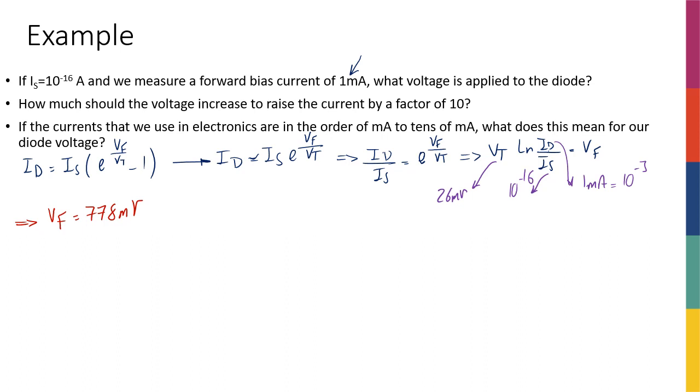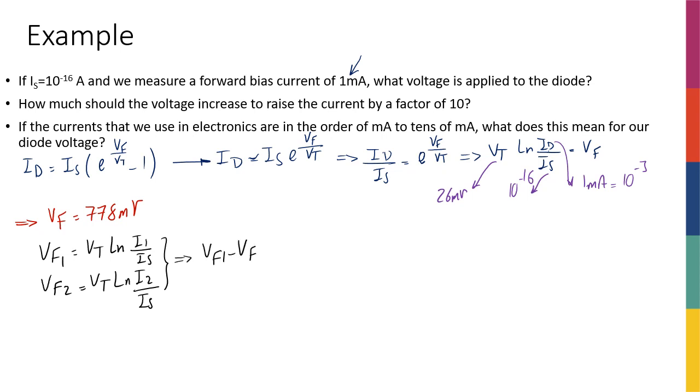Well, if VF1 from the equation that I found is equal to VT ln of I1 over IS, and VF2 is equal to VT ln of I2 over IS, I can safely say that VF2 minus VF1, because that's what the question is asking me, how much the voltage should be increased, is equal to VT ln of I2 over I1, because the IS's cancel.